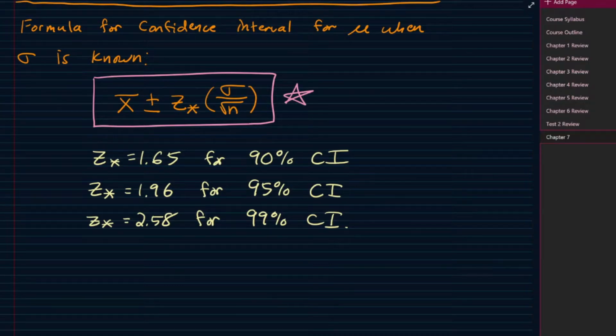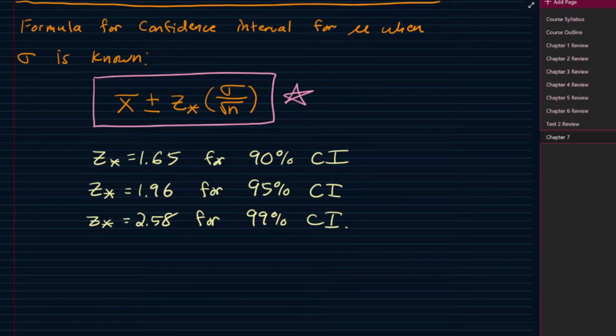And then we just plug it all into the formula. And this will give us, say it's a 90% confidence interval. Once we find the upper and lower bounds, we can be 90% confident that the true mean is in that range.